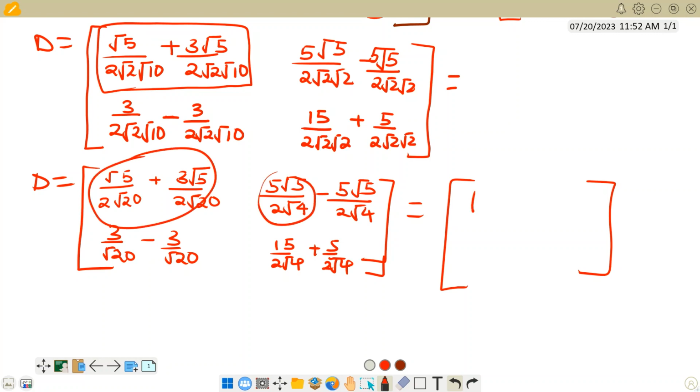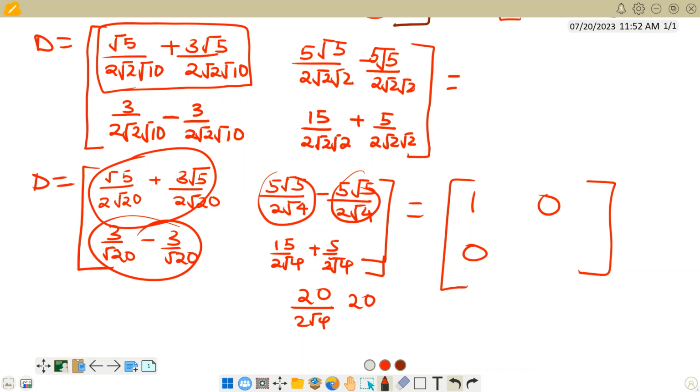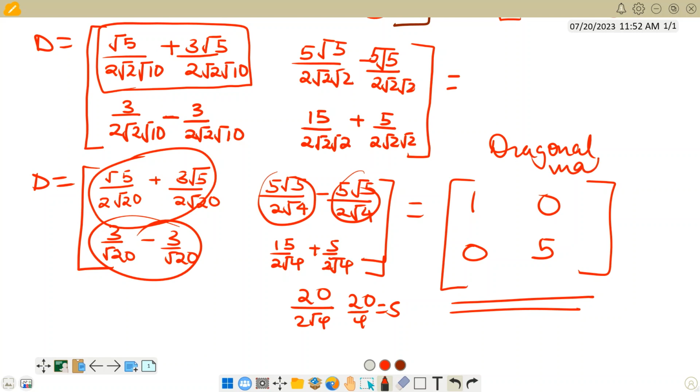Then this is equal to that, so the difference between the two is a 0. Also that side you get a 0. And then when you add 15 plus 5, that's 20, divided by 2 root of 4, we know this is 20 over 4, which is a 5. So here you're going to get a 5. Okay, so this is our diagonal matrix. This is what we wanted to prove.